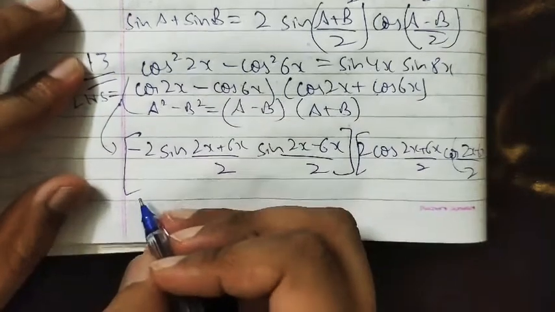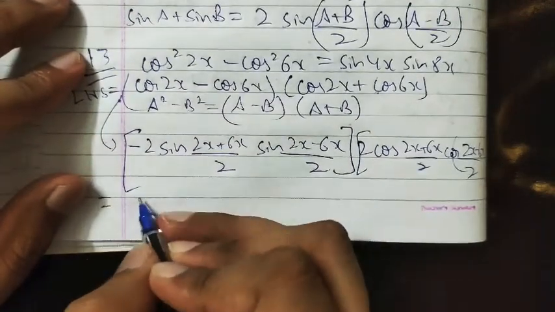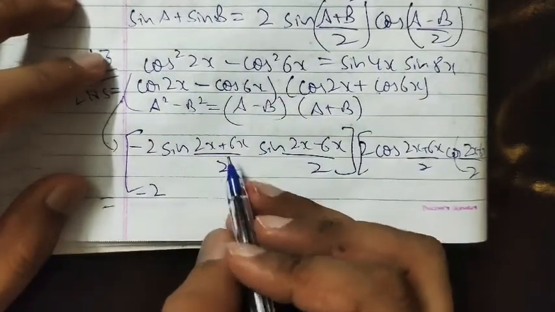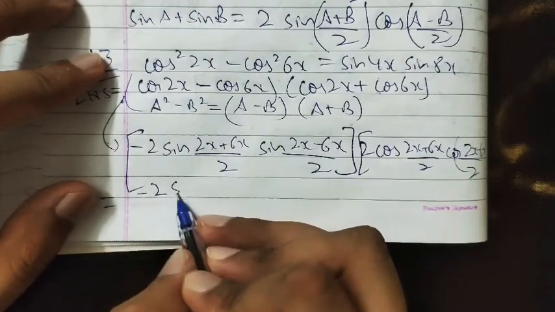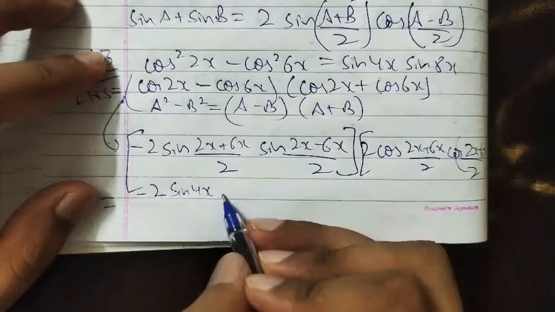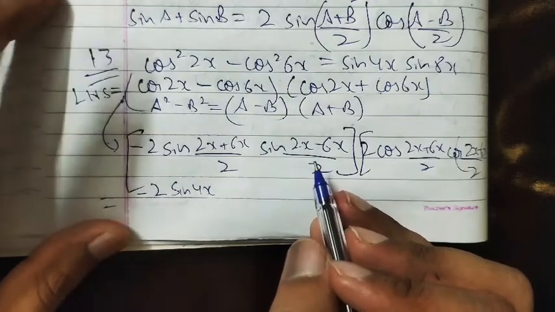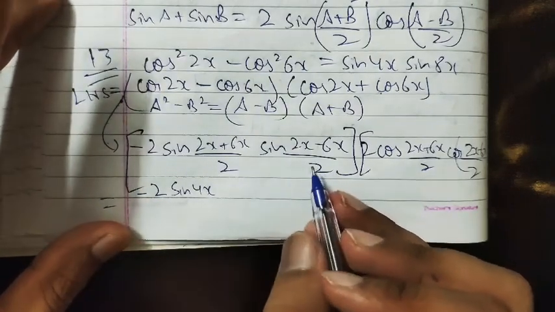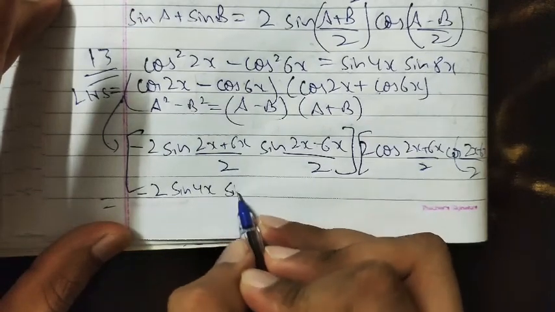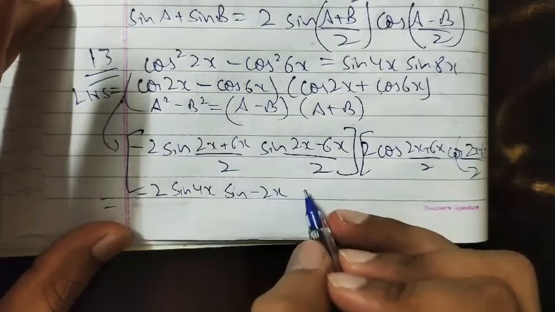So this will be minus 2 sin 8x upon 2, which is sin 4x, and sin of (2x minus 6x) is sin of minus 4x upon 2, sin minus 2x, right?